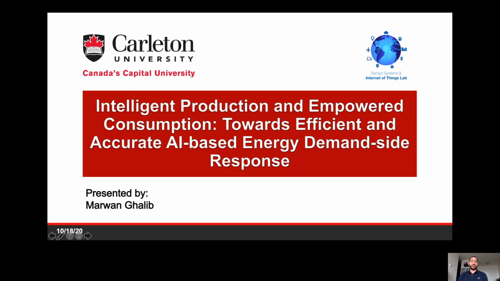We want this demand-side response solution to be efficient in terms of resource consumption. We all know IoT devices are resource constrained, so we need things to be done efficiently on the devices. We need things to be done efficiently in terms of delay in the network.